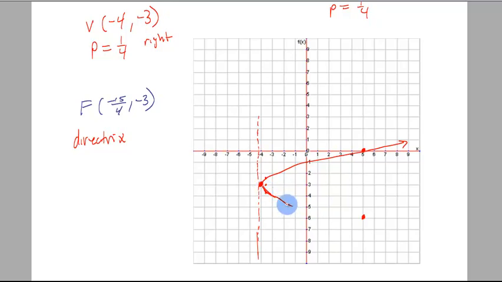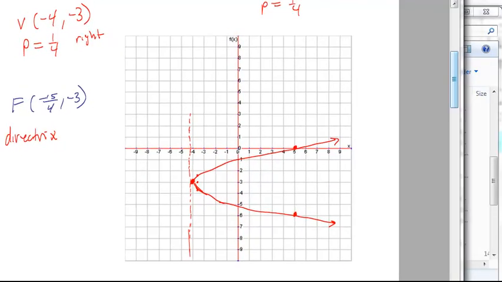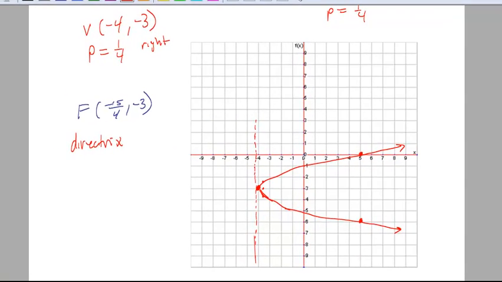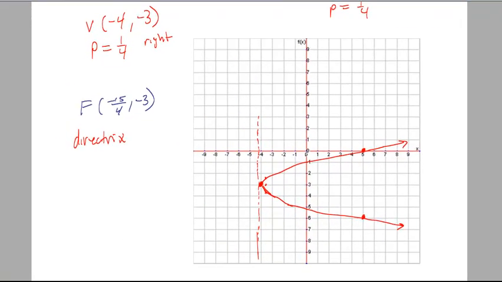Well, this is quite like this. You could also find where these two spots are too if you want, right? That's when x is 0. So you could have gotten those two. I got those two right there. Well, that's how you graph a parabola and get from the information given.